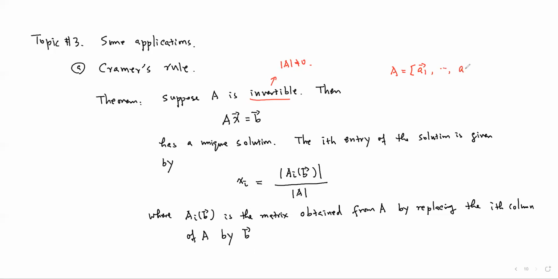The ith column is Ai, and so on. And then A_i(B), this notation means this matrix replaces column i by the right hand side B.